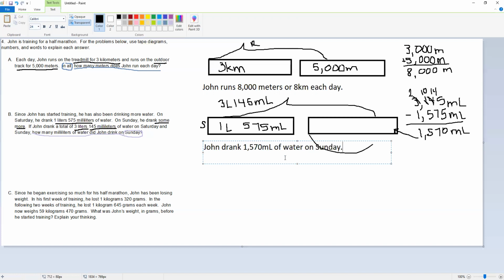And if you want to be even more accurate, you could say, or 1 liter, 570 milliliters of water on Sunday.